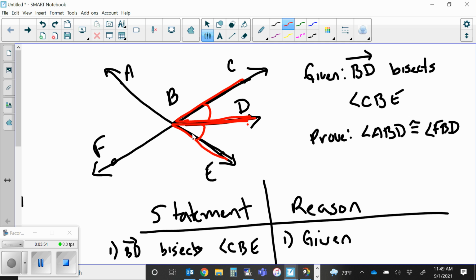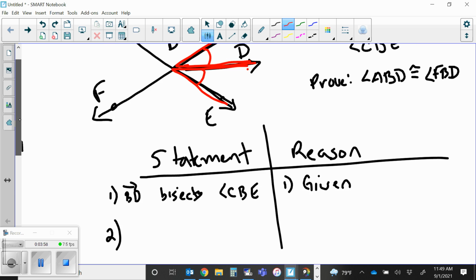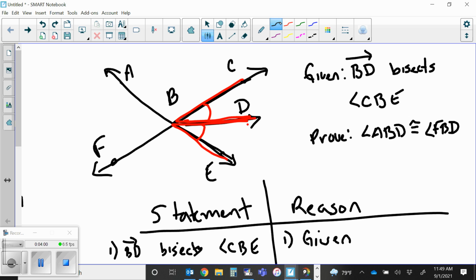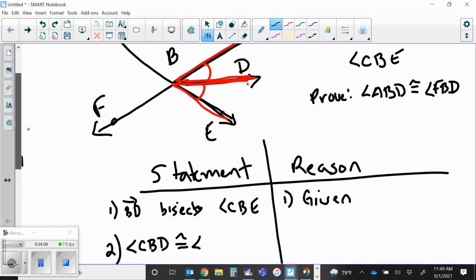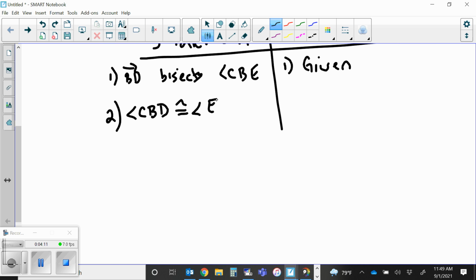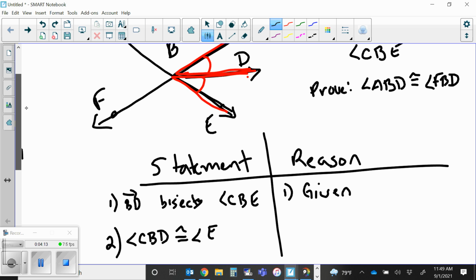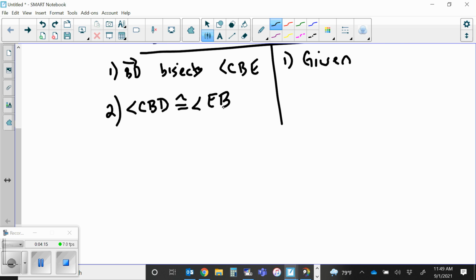If you are pretending like they don't know anything, you're laying it completely out for them. So CBD is congruent to angle EBD.